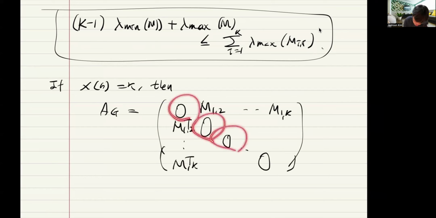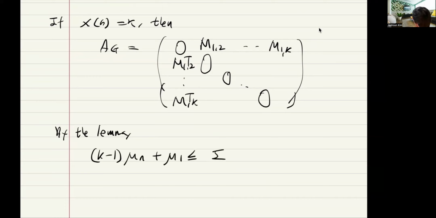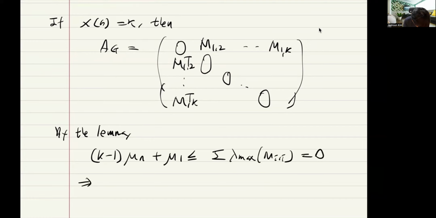So the diagonal blocks are all 0. And by the lemma, what do we have? K minus 1 times mu n plus mu 1 is at most the summation of lambda max of these MII, which are all 0. So this is 0. And we know that this is negative and this is nonnegative.